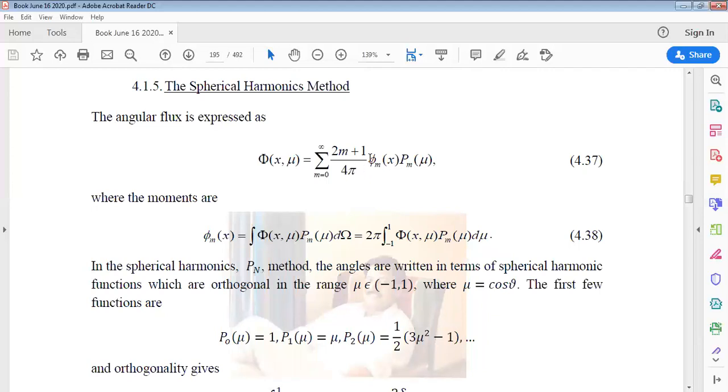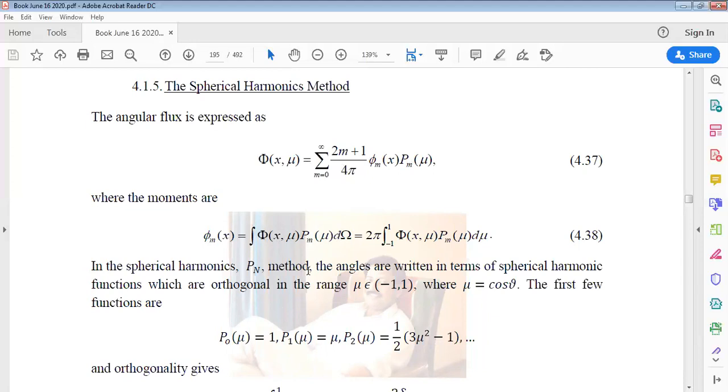Any function can be expanded in terms of Legendre polynomials, and you can write the moments of this function. So the mth moment, phi m, is the angular flux multiplied by the mth Legendre polynomial, and you can expand that.